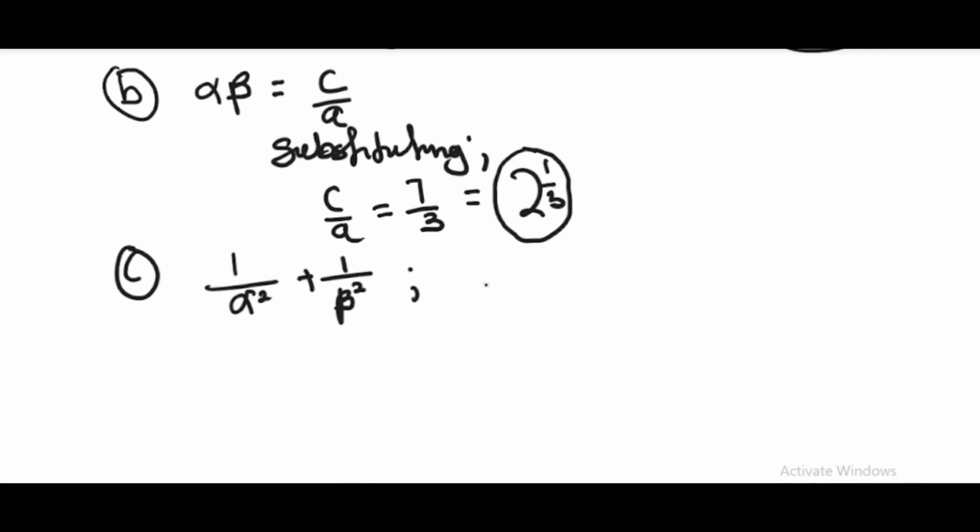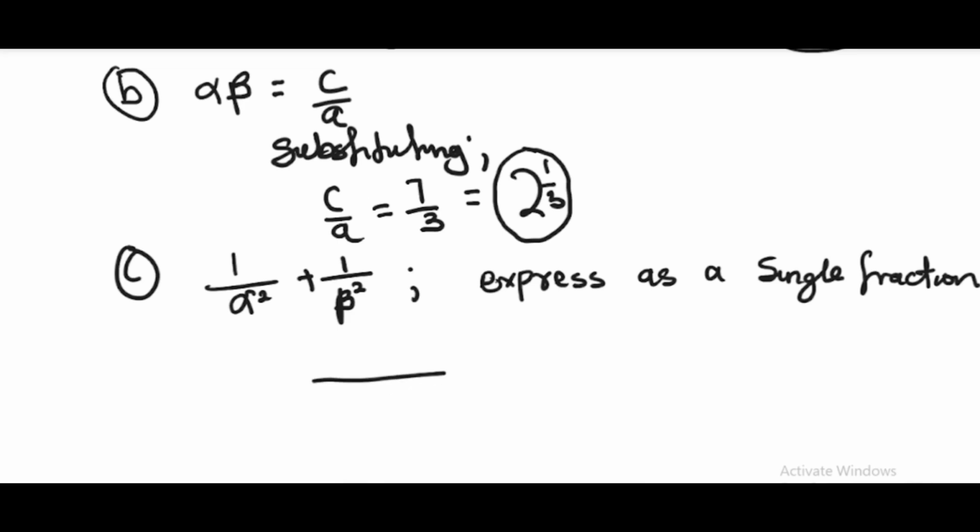First of all, you express as a single fraction. To do that, you take the LCM. Remember, we don't know alpha separately, we don't know beta separately, but we know alpha plus beta and we know alpha beta. That's the essence of expressing as a single fraction.